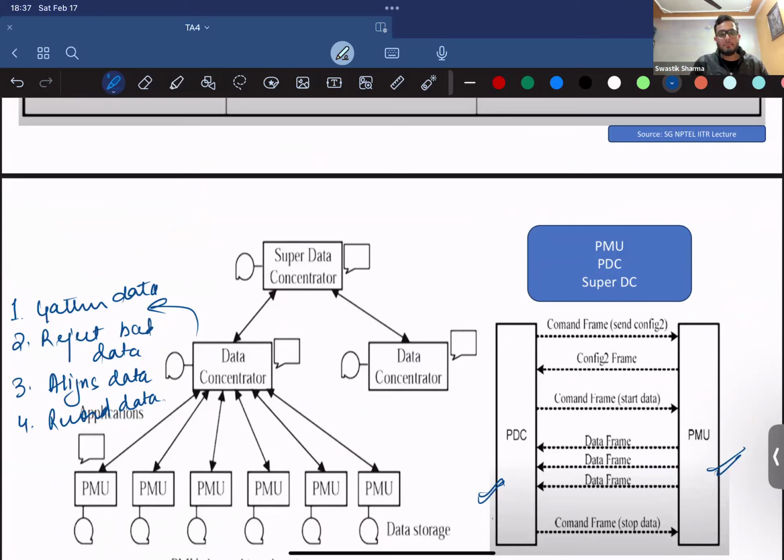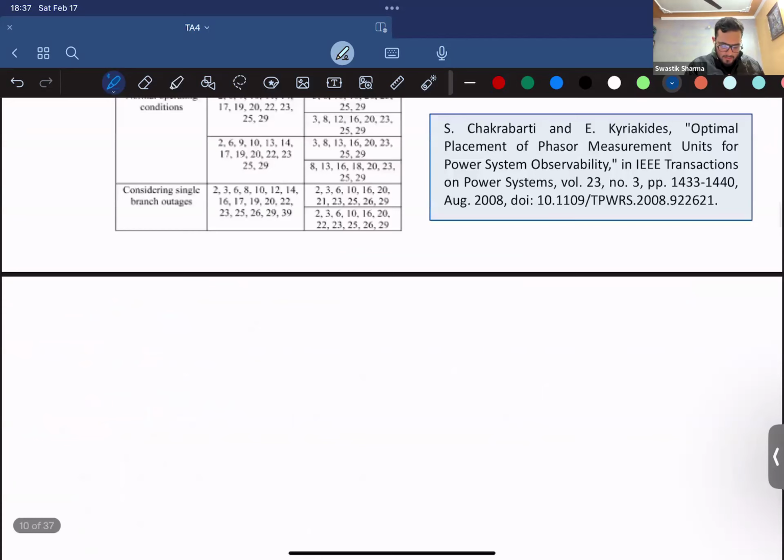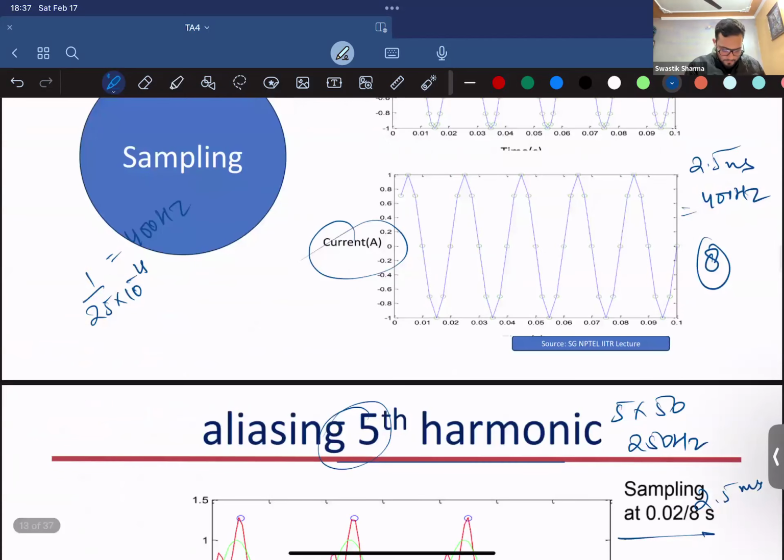They are receiving data in real time, but you need to have this data collected at some place. So that's where PDCs come in. PMUs send this data to the PDCs, which gather the data, reject the bad data, align the data with UTC, and record the data as well. That's what PDCs are.